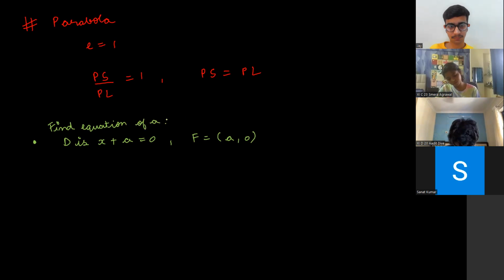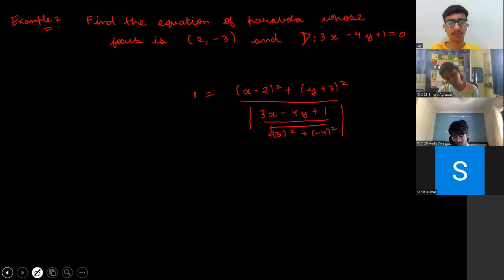Sir, I have a small doubt for the previous question. How exactly did we find the equation of the parabola over there? It was just eccentricity, right? Eccentricity is equal to 1, so 1 is equal to the distance of the point from the focus divided by the distance of the point from the directrix. That's all.